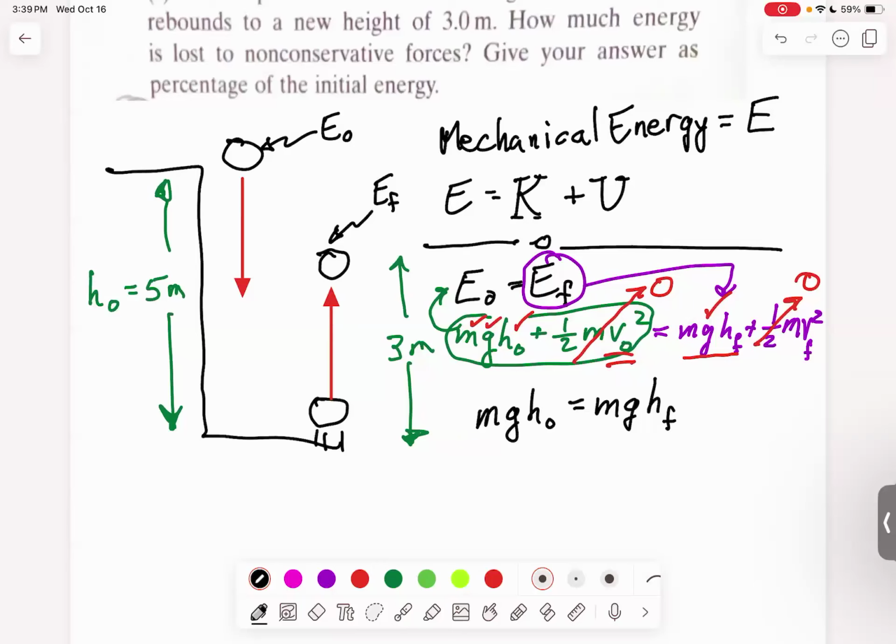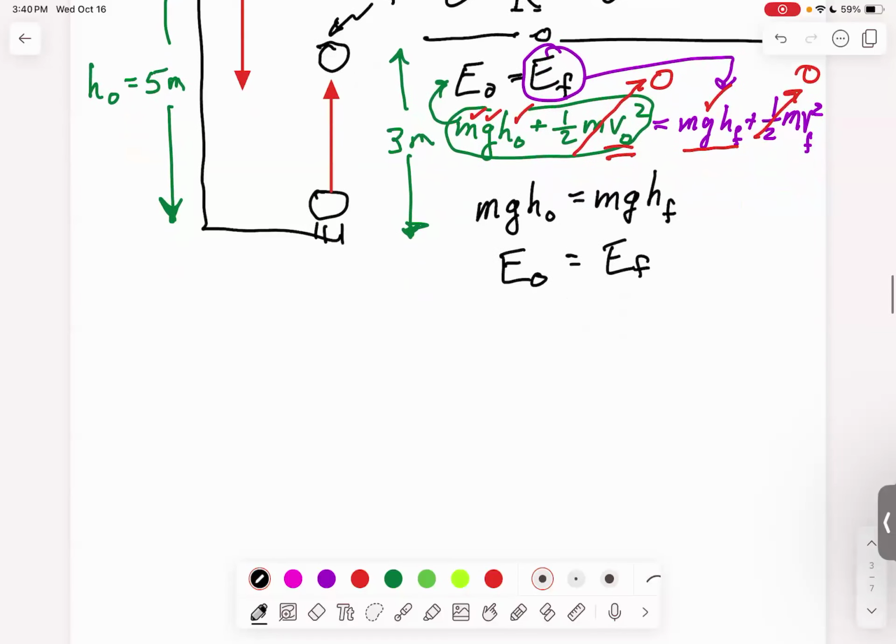What we're looking at here are the comparisons of the two different energy states. E naught and E final are defined. We're not going to plug in any numbers just yet, because you could cancel out the m's and the g's, but that's not going to be very helpful to us.